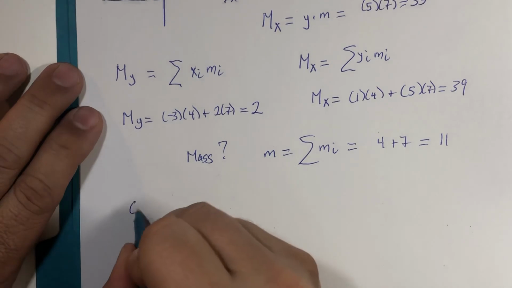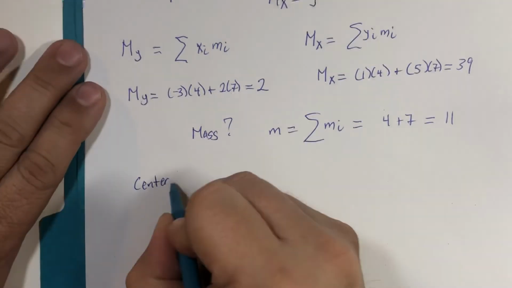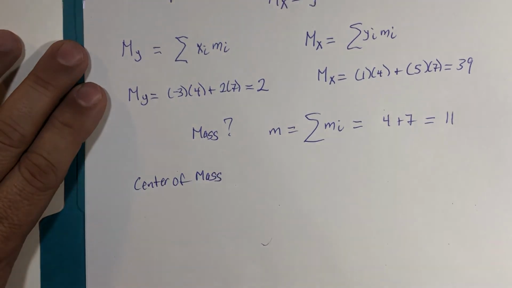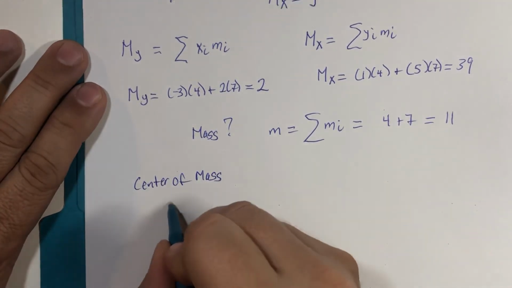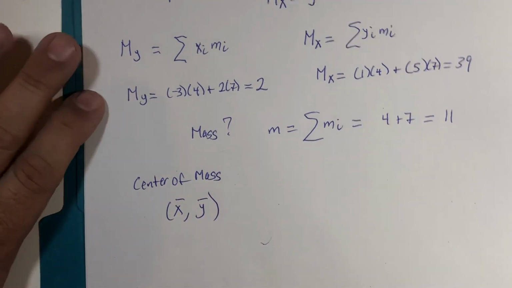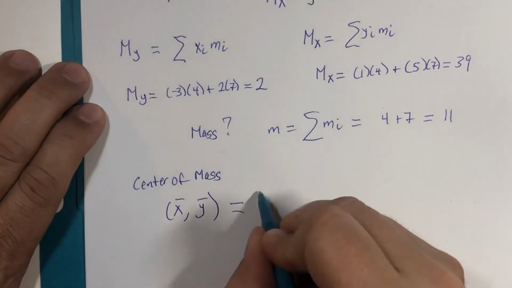So our center of mass for this problem in 2 dimensions, x bar, y bar, is basically separately calculated.